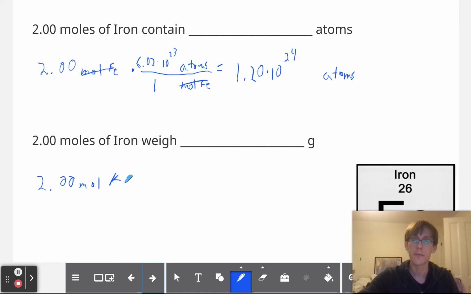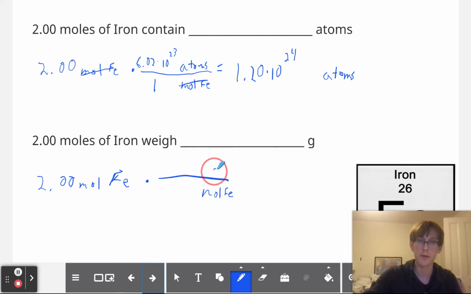We know that we need to divide by wherever we're coming from, which is the moles. And we need to multiply by whatever we're trying to find. Well, we're trying to find grams, so the grams go on the top. And we know from the periodic table that 55.85 grams of iron are in 1 mole of iron.